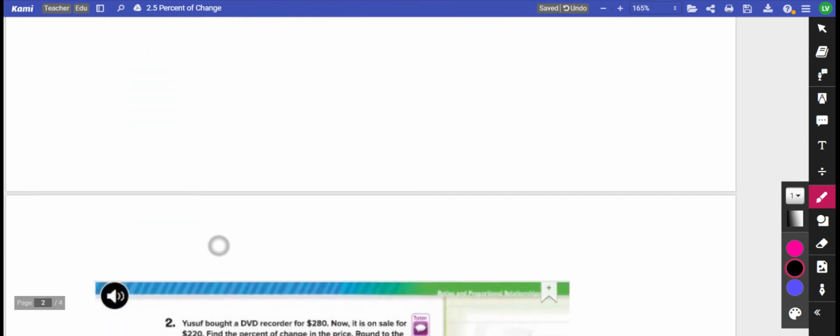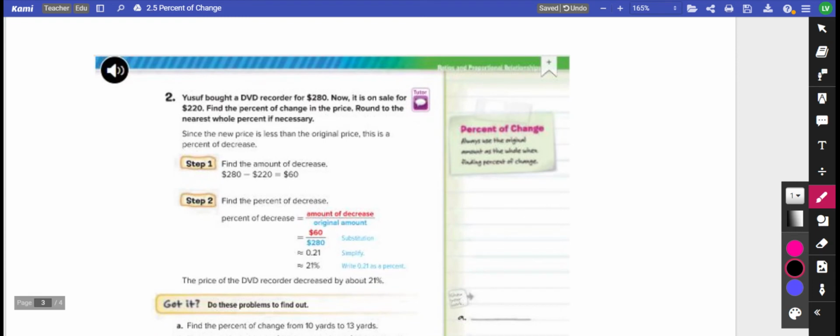Let's continue. Number 2, Yusuf bought a DVD recorder for $280. Now it's on sale for $220. Find the percent of change in the price. Round to the nearest whole percent if necessary. If he paid $280 and now it's on sale for $220, then this is going to be a percent of decrease, because it goes from a larger amount to a smaller amount.